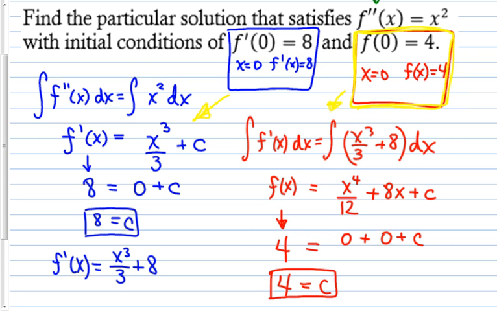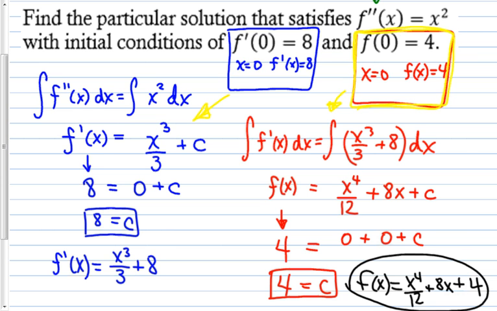So that means that f of x was x to the 4th over 12 plus 8x plus my c, which was 4. And here is my solution.